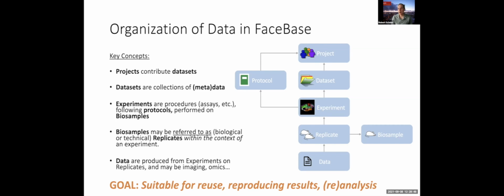So not just, say, figures or image panels or diagrams, but the actual reconstructed CT image, for example. So we want to get the higher resolution data, not just the things that show up in a publication.